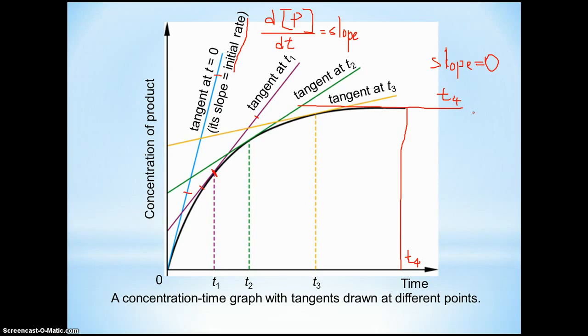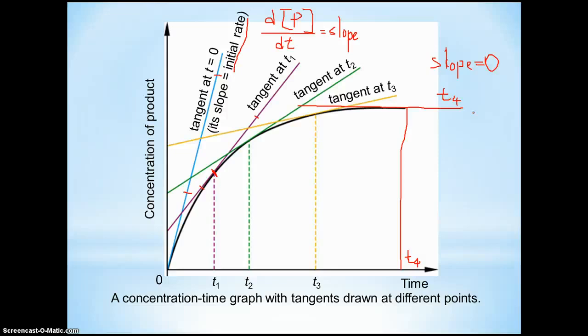The concentration time graph itself is very, very important when we are studying the rates of reaction. We will learn a lot more about the rates of reaction on the curve and some other calculation later. So, as a conclusion to this part, we have learned how to read a concentration time graph.